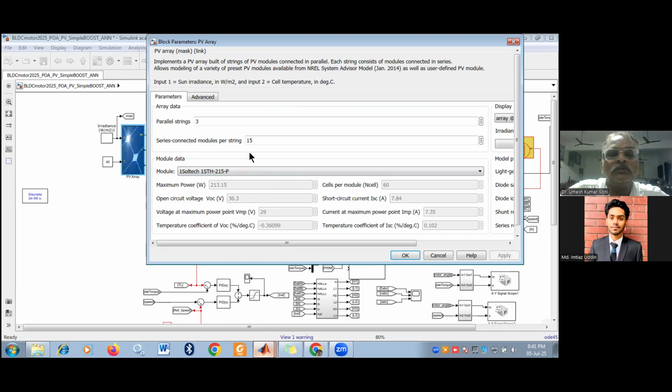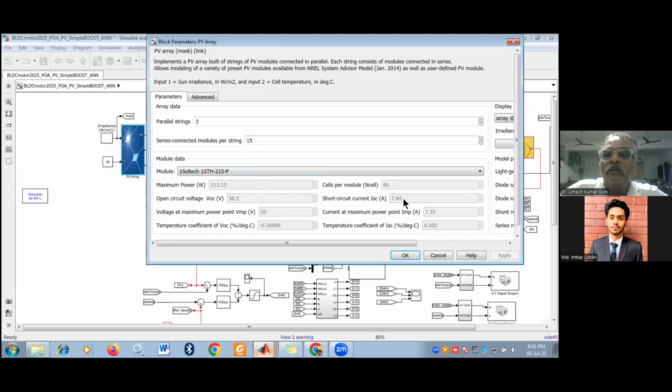In the series case, the 15 will be multiplied by this 36, so the overall voltage will be 36 multiplied by 15. And the peak voltage will also be multiplied by 15 in the array.